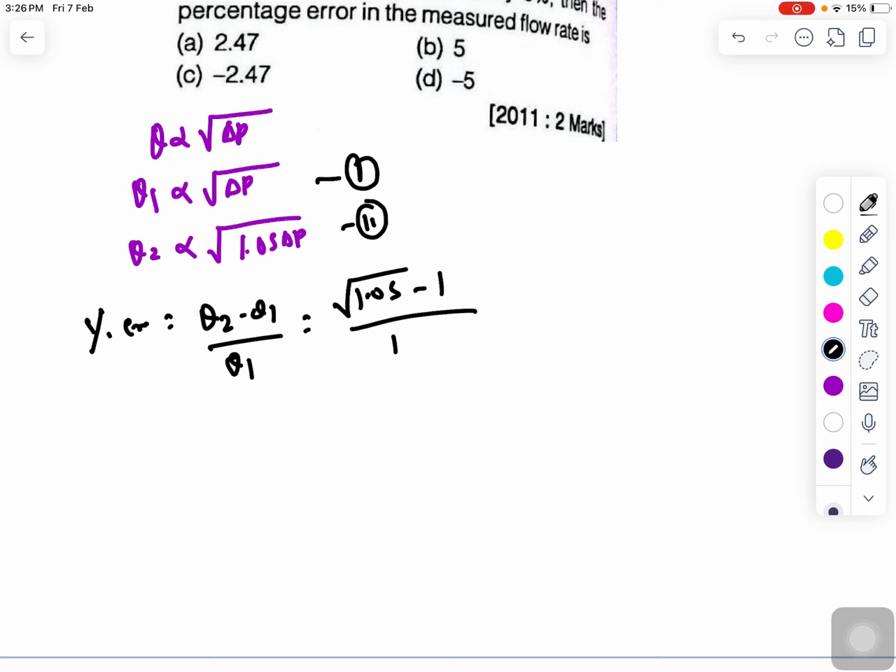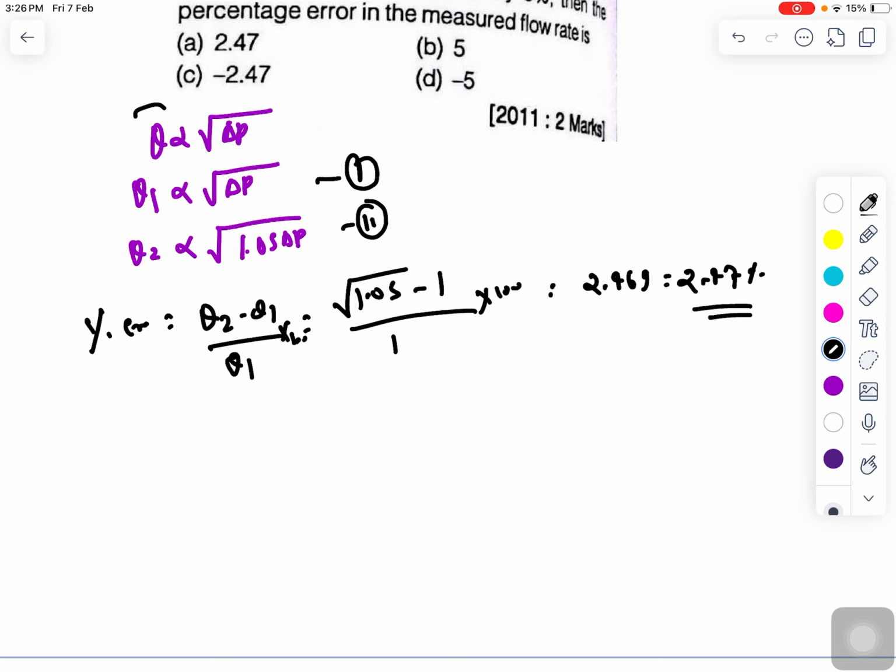So that will be equal to 2.469, that is 2.47%. So you have to use this formula, that is the proportionality based relation, right?